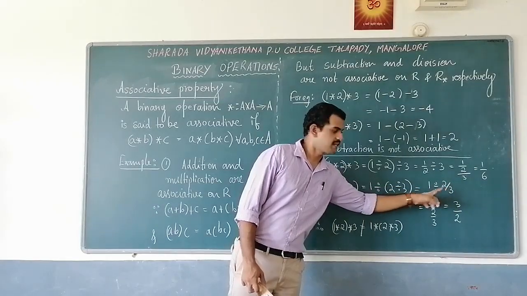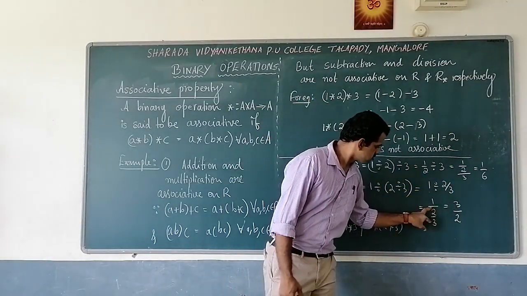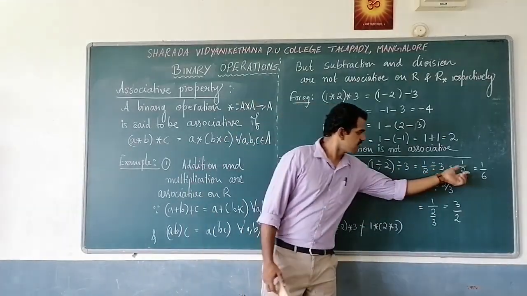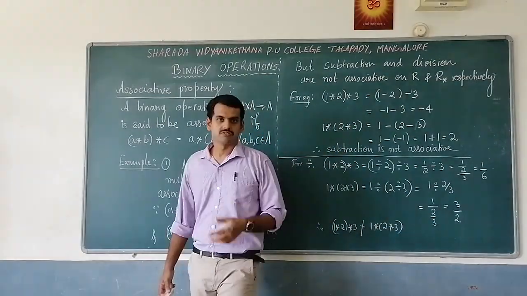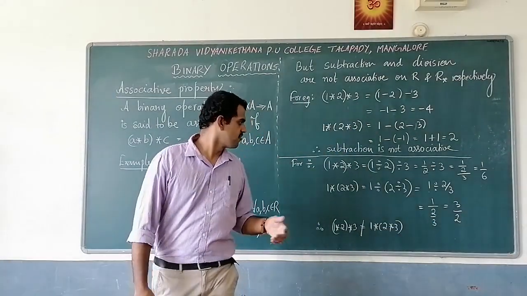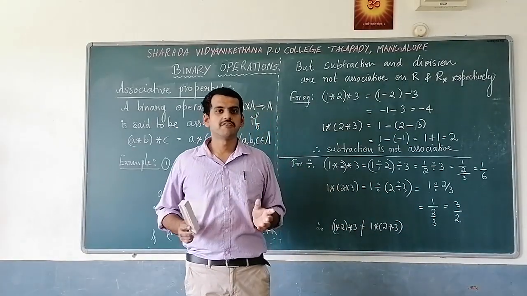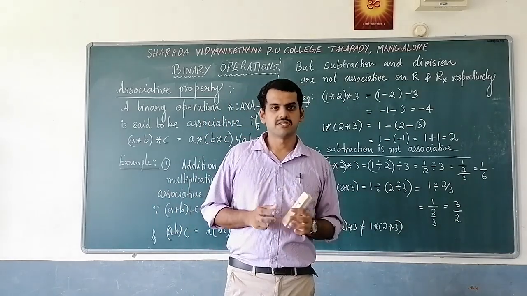So 2 by 3 we get, 1 divided by 2 by 3. That is going to be the answer. So the reciprocal of 2 by 3 is 3 by 2. Therefore here I got the answer 1 by 6, and here I got the answer 3 by 2. So they do not match at all. Therefore these two are not one and the same. Therefore the associative property does not hold good in the operation division.